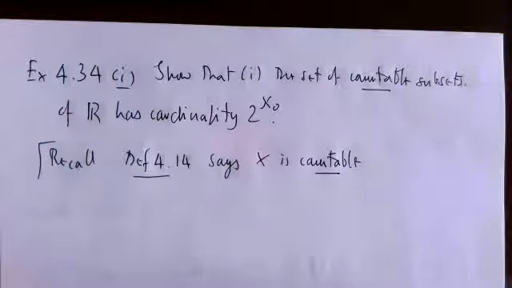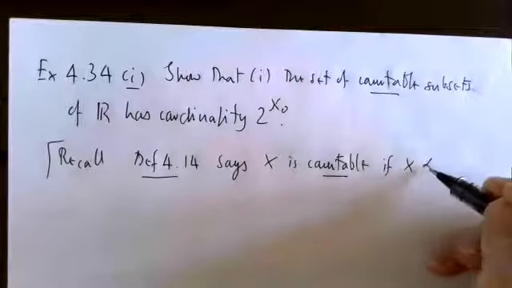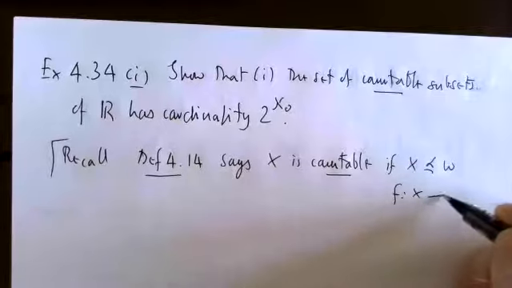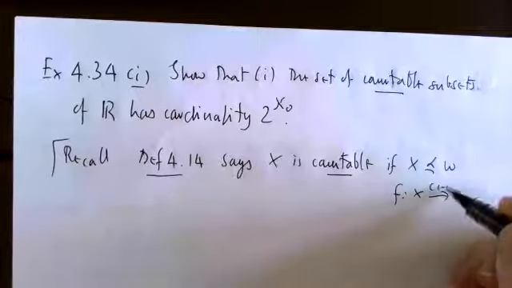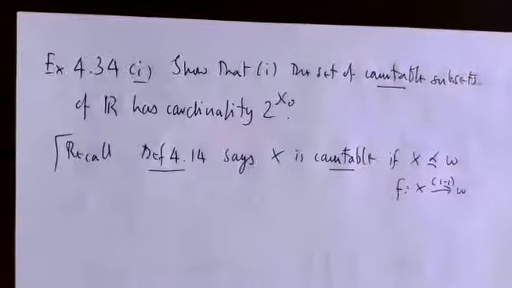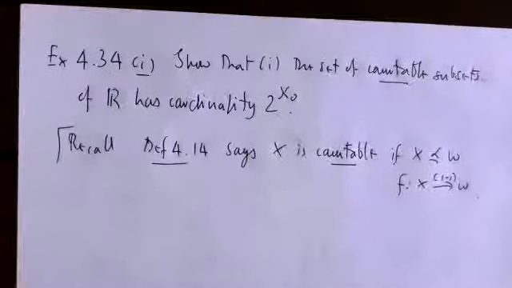Okay, that means that there's a one-to-one map of X into omega. So it could actually be finite.